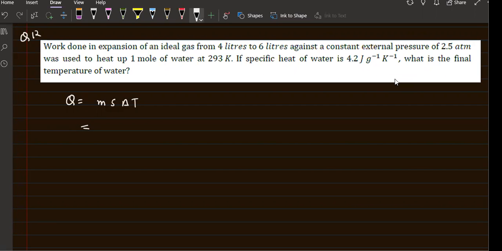Tell me, anyone, what is m over here? We have weight equal to its molecular weight, which is equal to 18 grams.